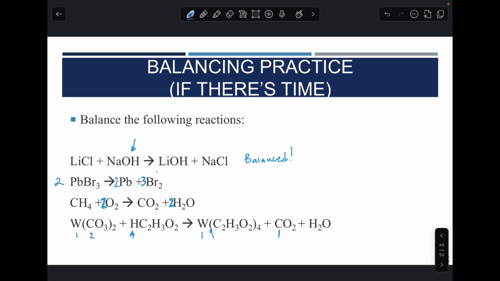HC2H3O2. Now, you might remember that I said that if there is an H in front of your molecule, there is a good chance that that is going to be an acid, and that is the case here.